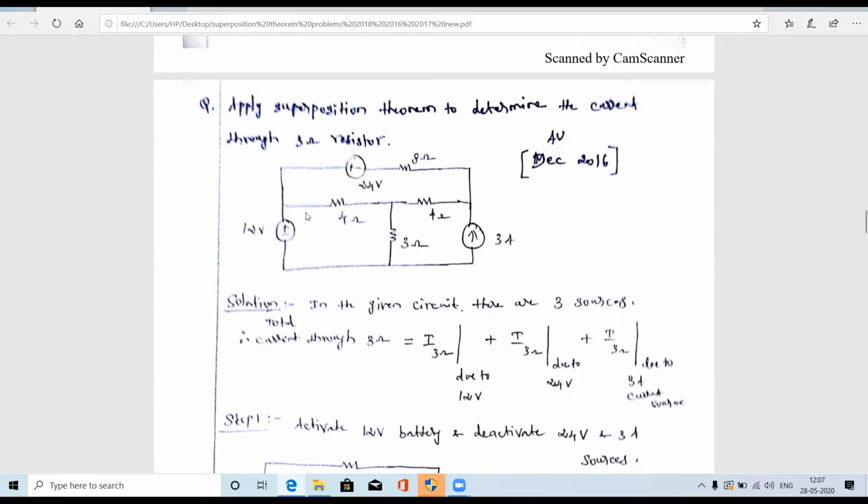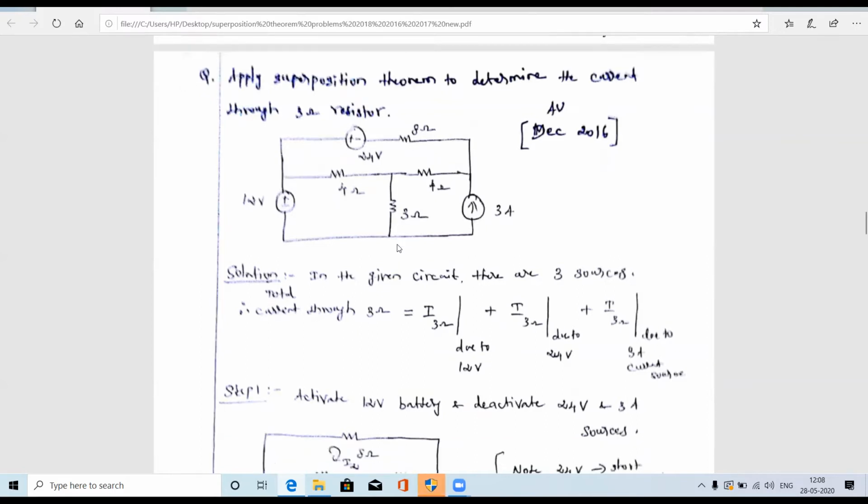So the currents I dash, I double dash and I triple dash are calculated. According to the superposition theorem, the total current flowing through the 3 ohm resistor is the sum of the currents due to the first source plus the second source plus the third source. That is the theorem.